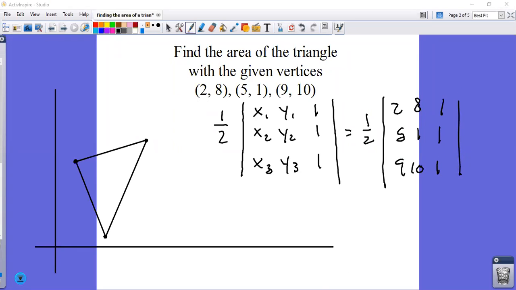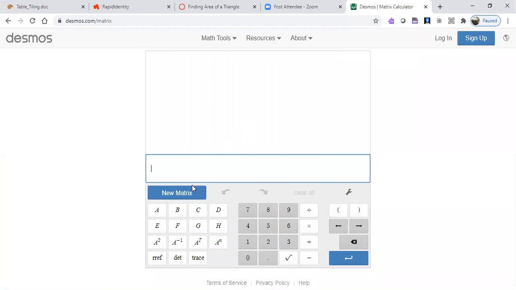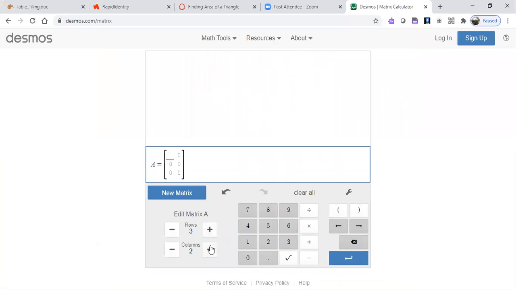So over in Desmos, I'm going to do a new matrix. You want a 3 by 3. You want 2, 8, 1, 5, 1, 1. All right.